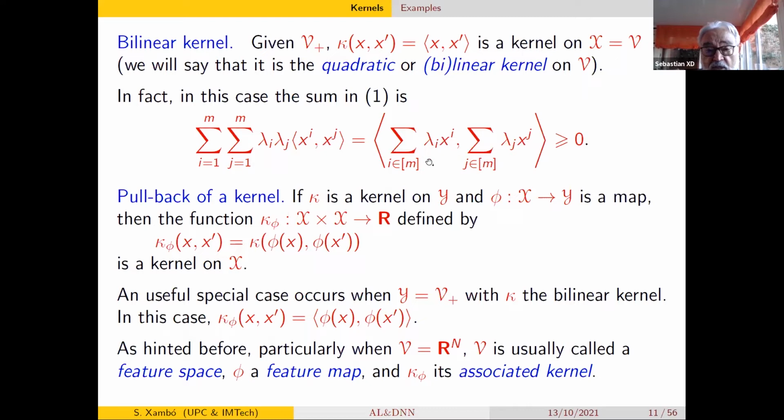But notice that this sum and this sum are the same vector. The only thing that changes is that here the index of summation is i, and here is j. So this is definitely greater or equal than 0.